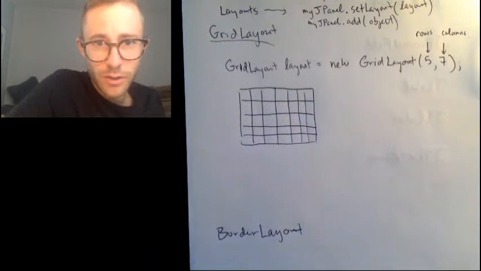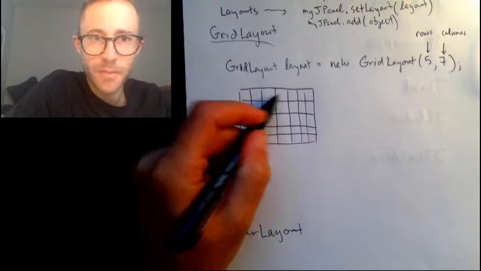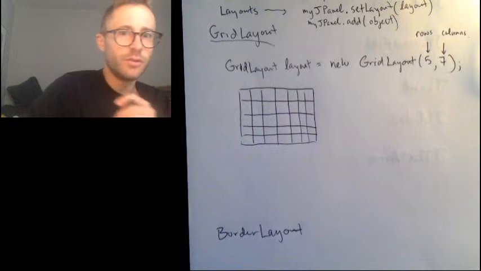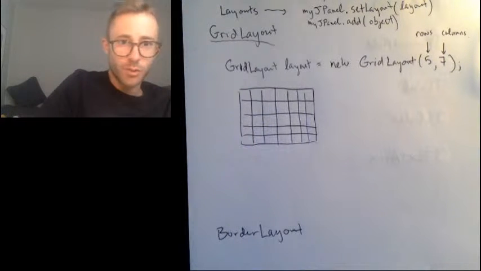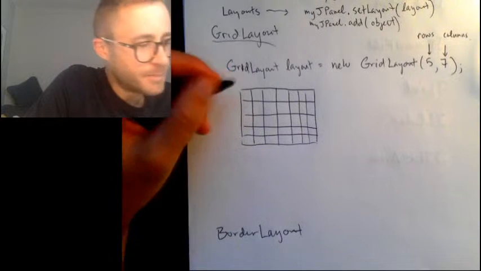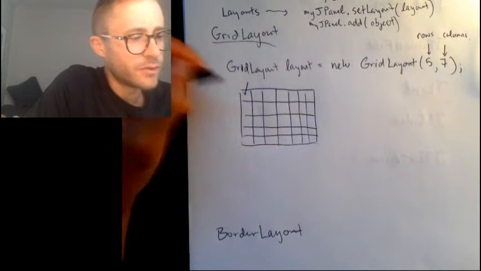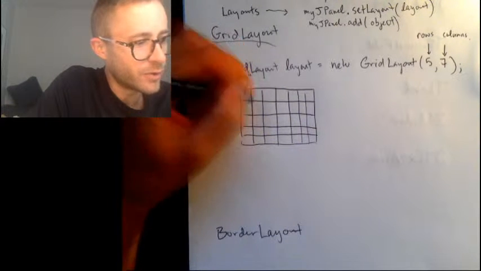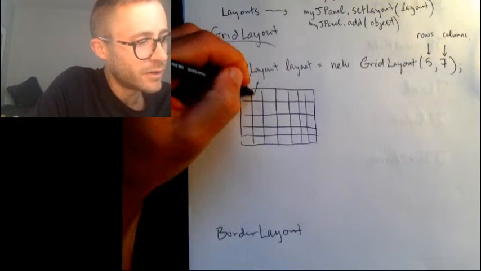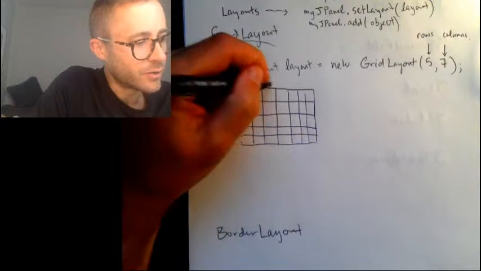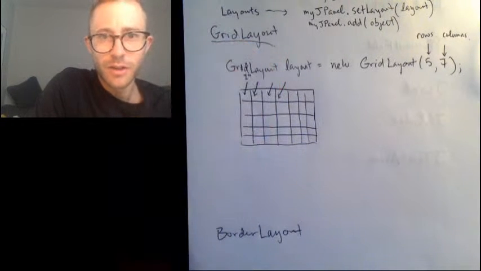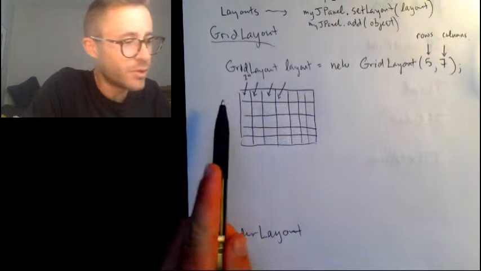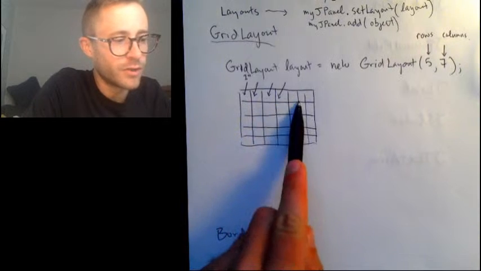Your window is now sliced up into all of these different bins. Then what you do is you fill them sequentially. The first time you call add, it's going to fill this one first. Then the next time you call add, this one is going to get filled, and then this one, and then this one. It just goes like you're reading a book, basically. Every time you call add, the next one is going to get filled with that thing.